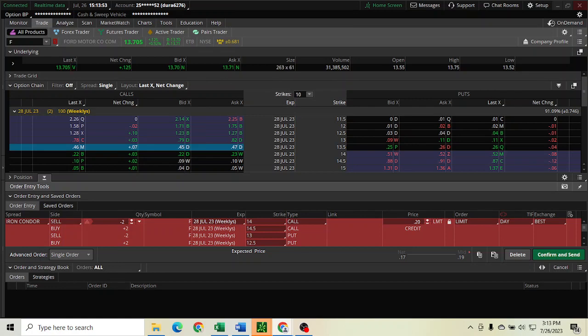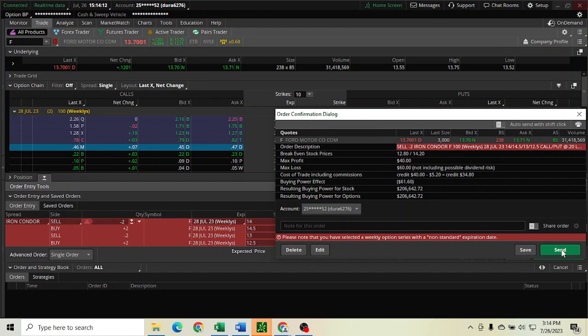This I could get 60, 70, $80, well, 40 actually, from just putting up a max loss of 60. So that's a good return for me. I'm going to go ahead and confirm and send this Iron Condor out the door on Ford.